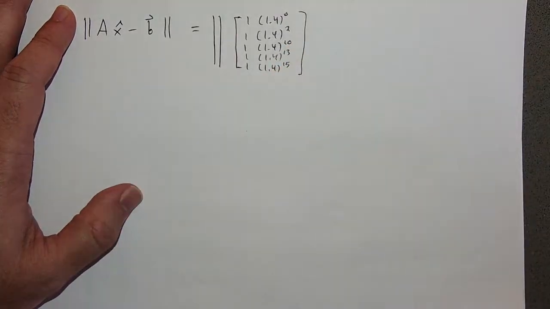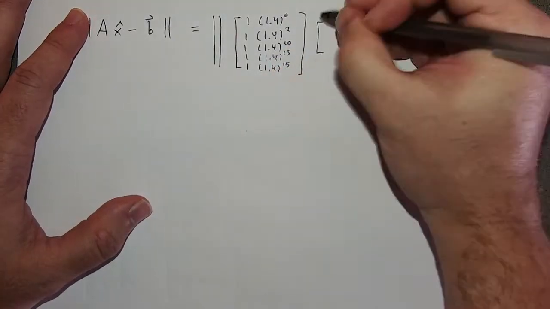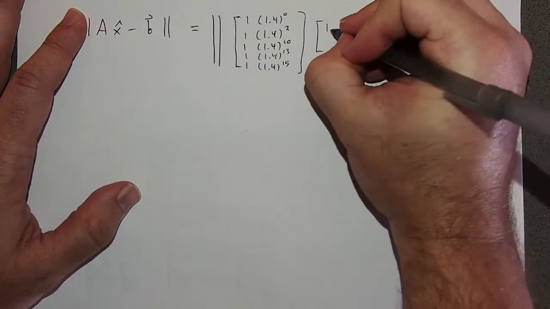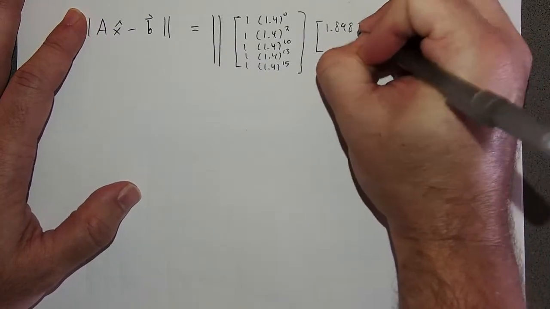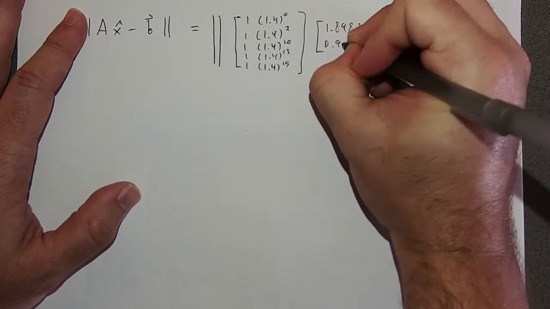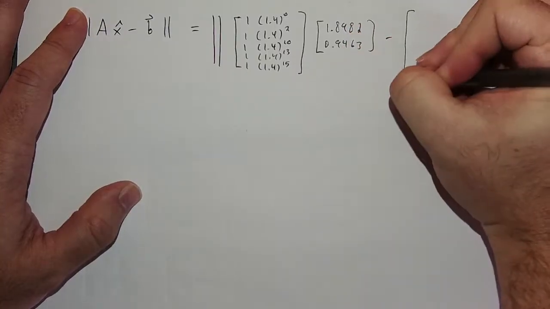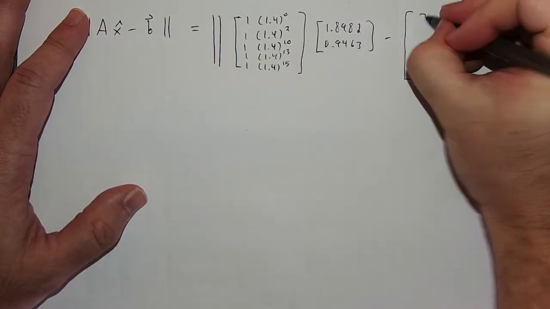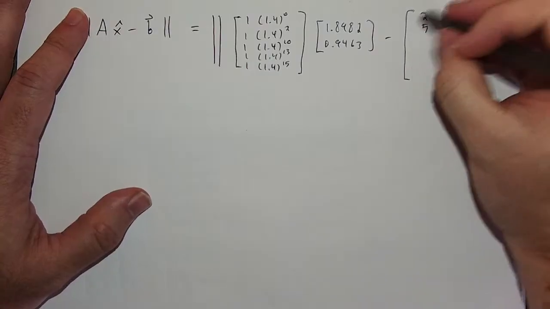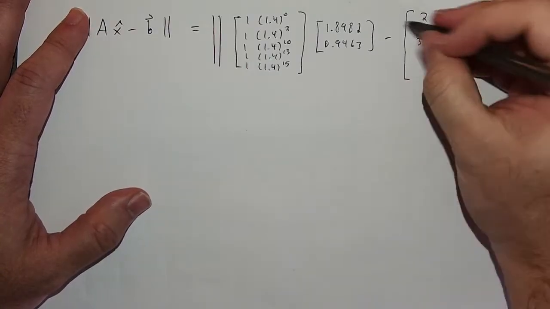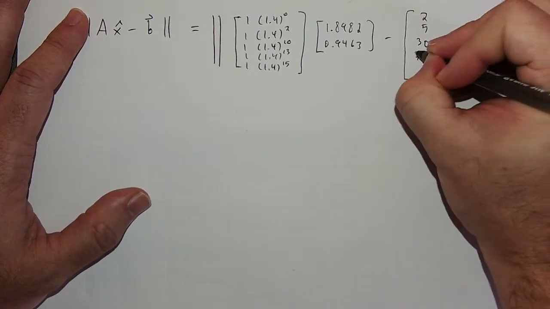That's our A, times this vector we found, our least squares solution, minus the vector b. Remember, this is telling you how close this thing is to being a solution, right? That is what this is telling you.